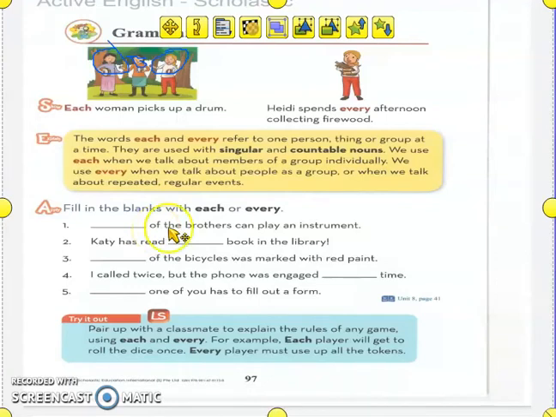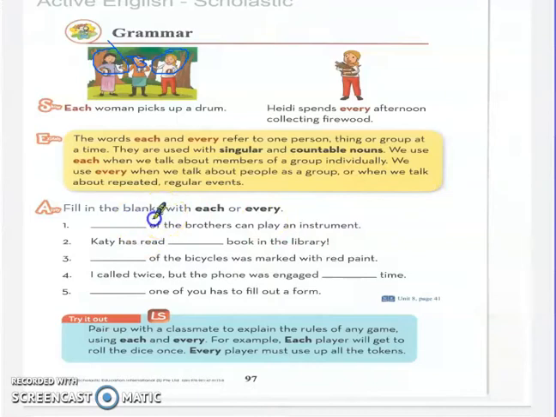ملاحظة, we use of with each. We use of with each, not every. دائما نستخدم of مع each مش every. So here we have of, and here we have of, and here we have of.